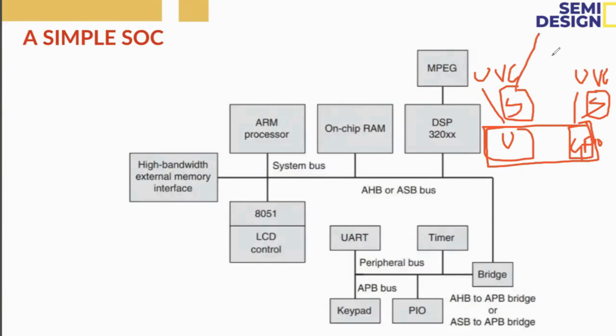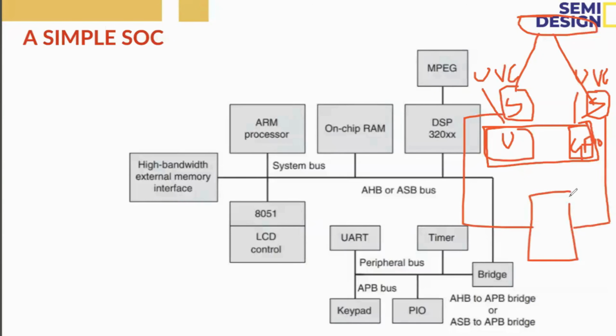We can create one virtual interface and a virtual sequencer for these two sequencers. And for these agents, we can create one scoreboard and one coverage model. This is the actual environment.